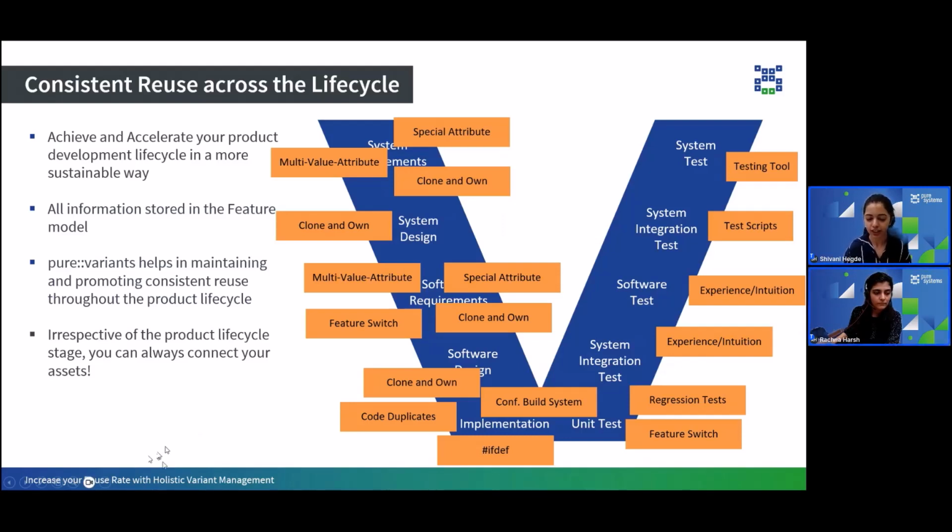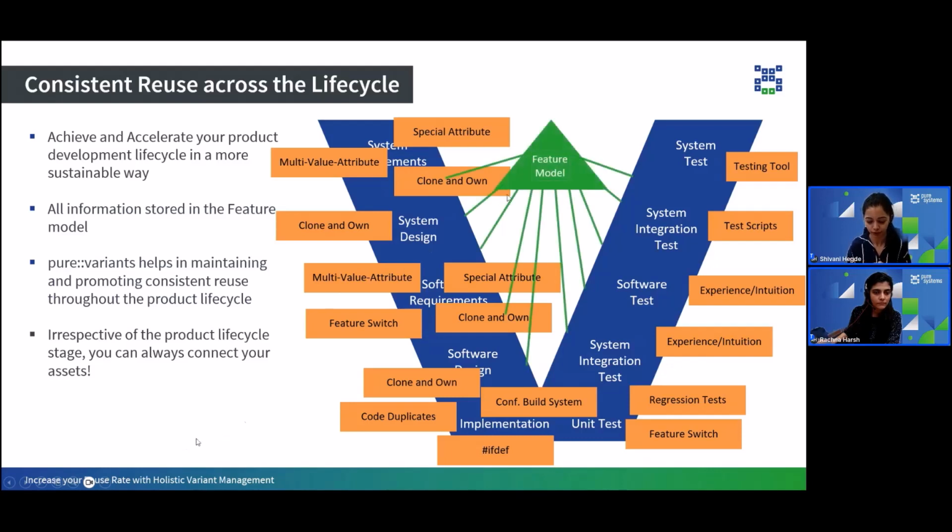Product line engineering basically has a central place where you can store all the variability information. And as you see on your screen, it's the feature model. This feature model and the lines that indicate it are connected to all the different solution assets.